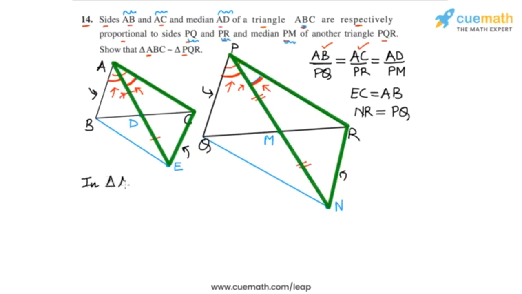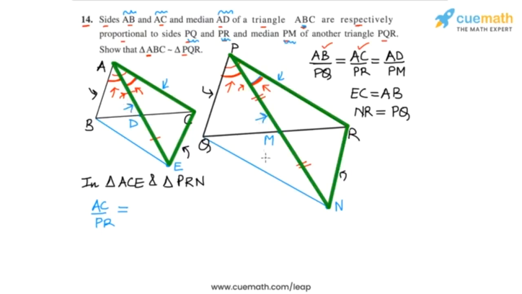So in triangle ACE and triangle PRN, the first ratio I'm going to take is AC by the corresponding side PR. So AC by PR equal to, now the next ratio is this side AE by this side PN.